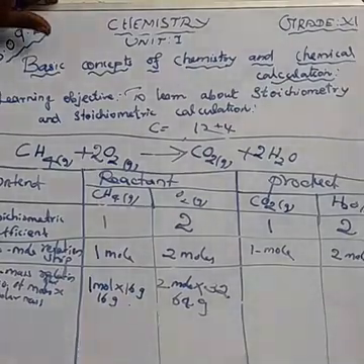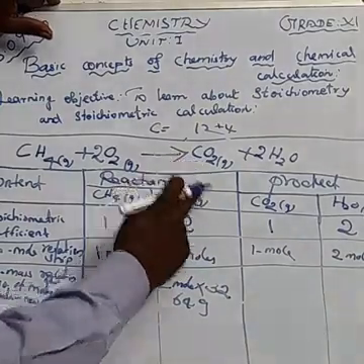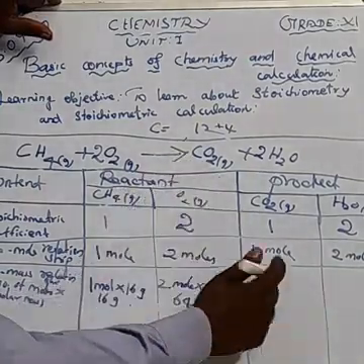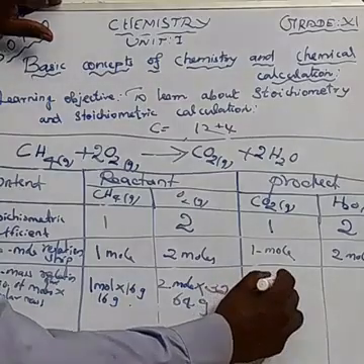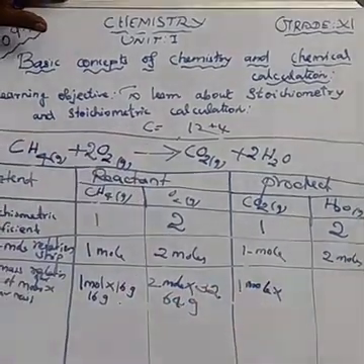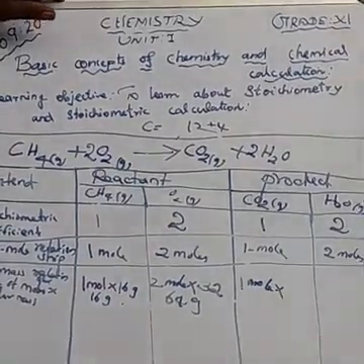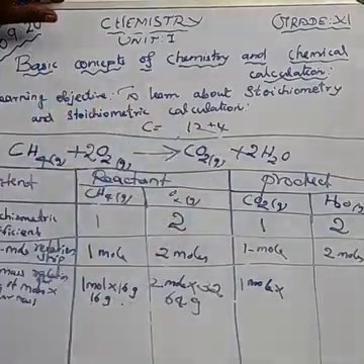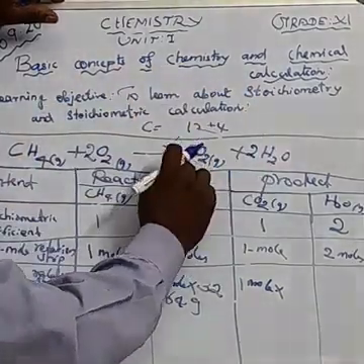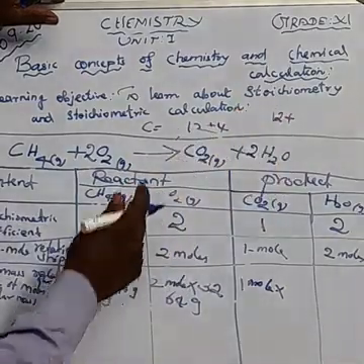Next one, about the carbon dioxide. How much mole is there? Carbon dioxide, how much mole? 1 mole. So 1 mole into the molar mass of carbon dioxide. What is the molar mass of carbon dioxide? First of all, count carbon: 12, plus oxygen.